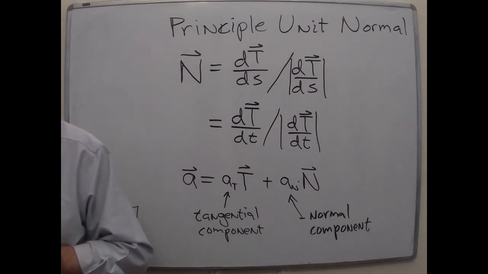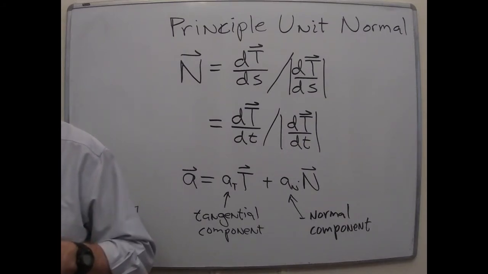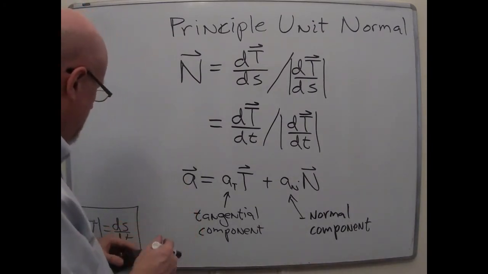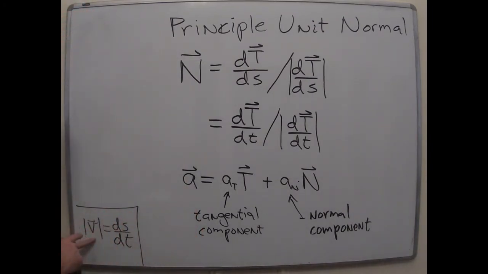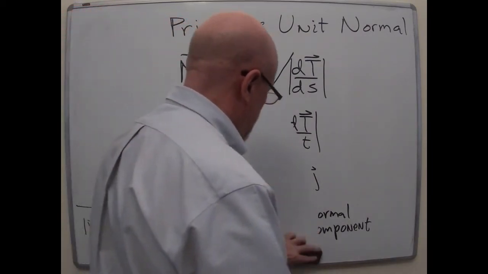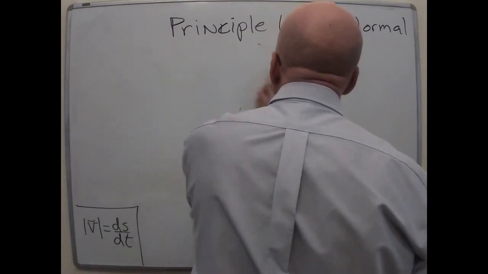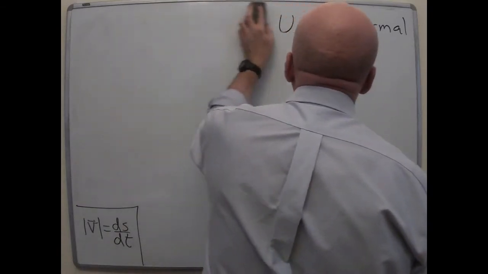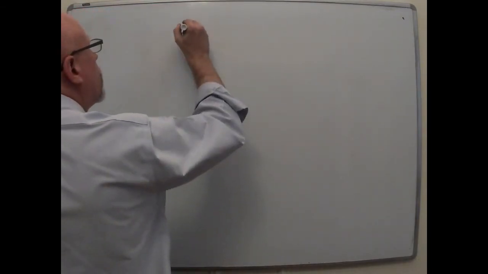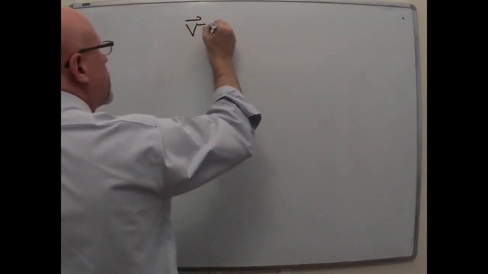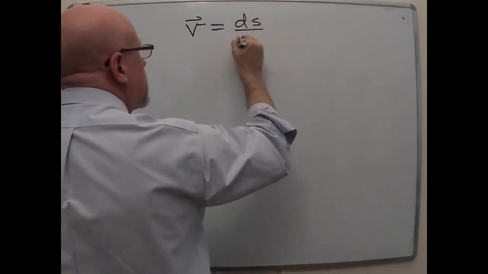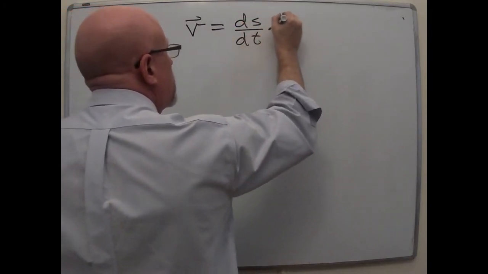And that gives us a way to re-express the velocity vector, which we had previously done as the length of velocity times the tangent vector. So our velocity may be written as ds dt times the unit tangent vector.